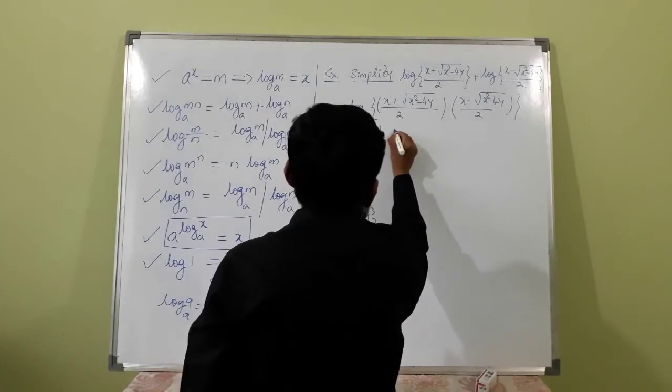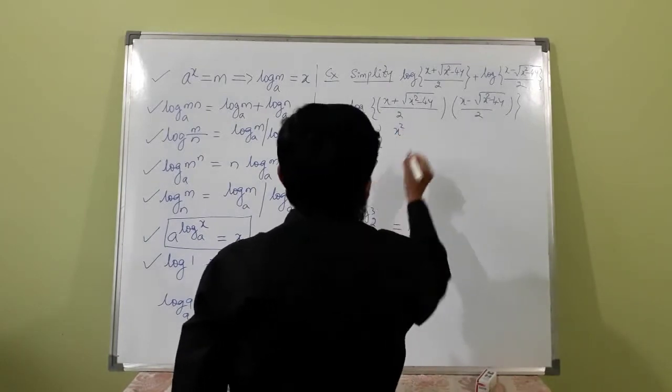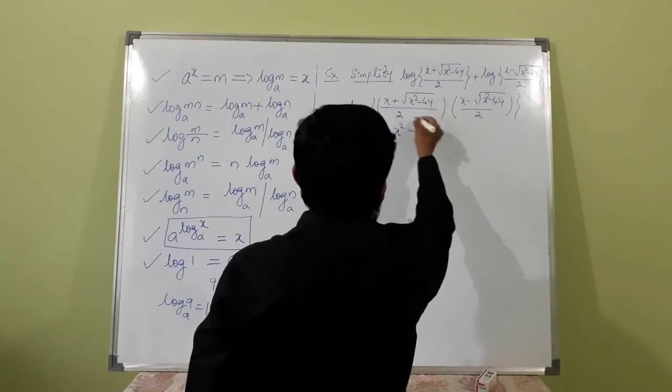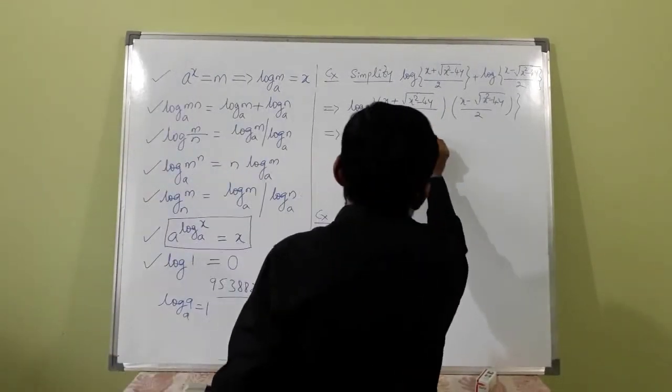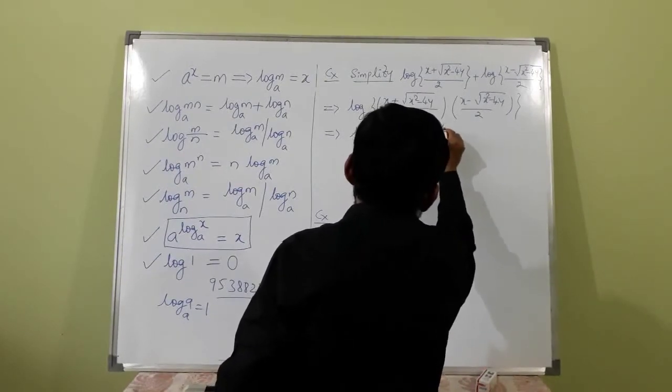So this is x square minus root of x square minus 4y. This is x square minus 4y.